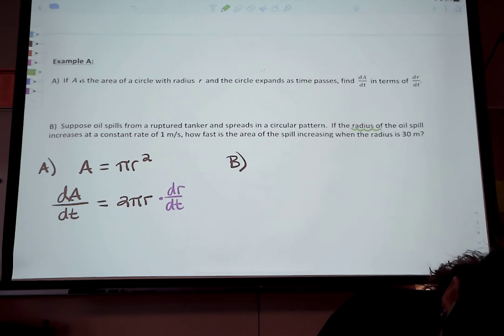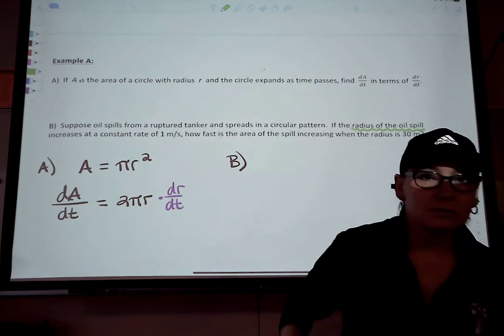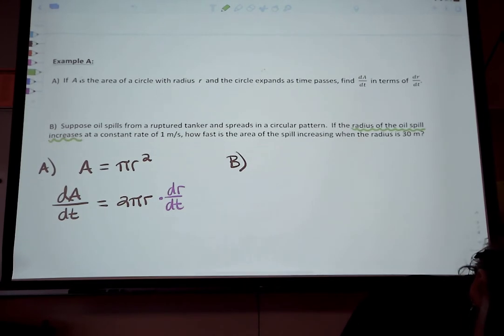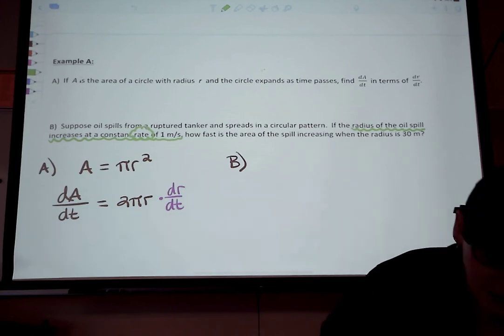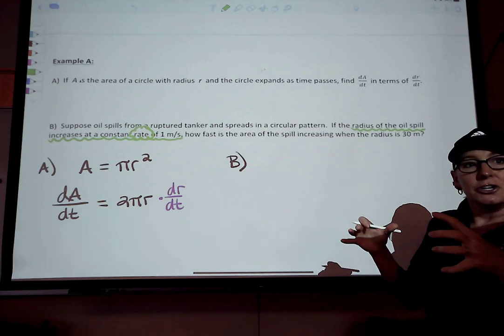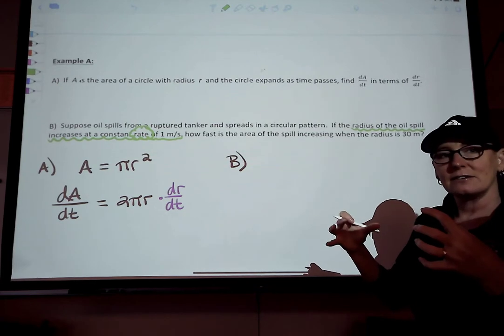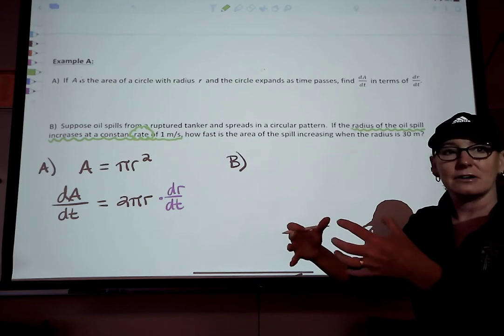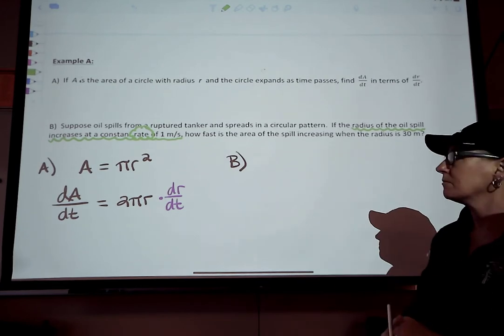The radius of the spill increases at a rate of 1 meter per second. I want you to take that phrase and change it to a math expression or a math equation.